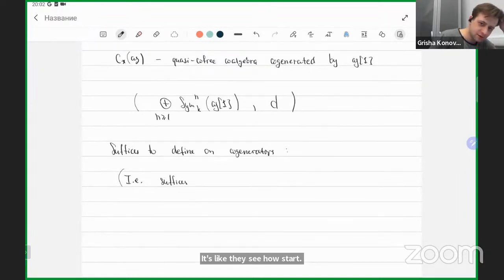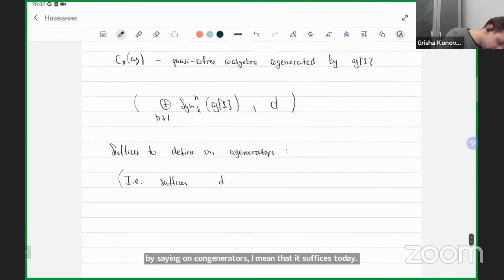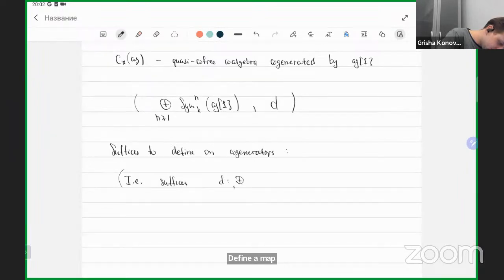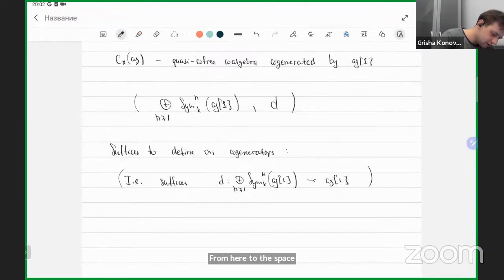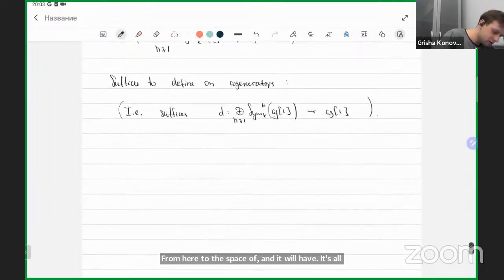And by saying on cogenerators, I mean that it suffices to define a map from here to the space of cogenerators. And it will consist of two parts.